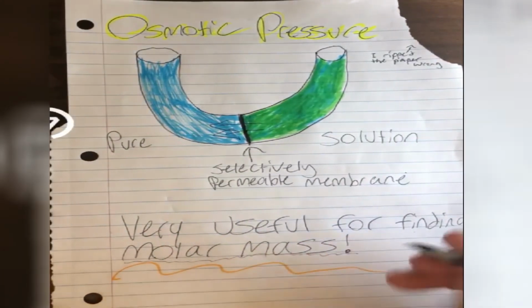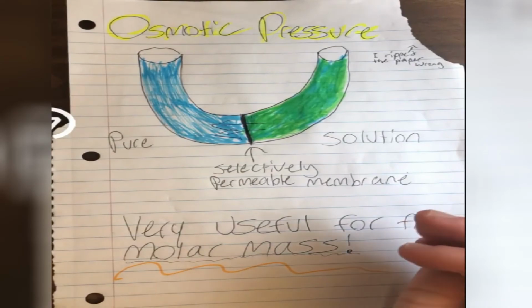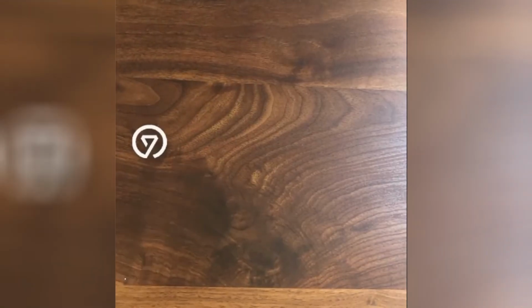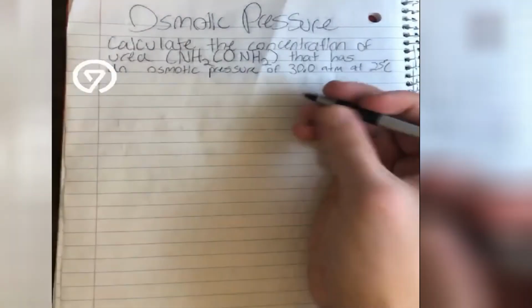So small changes in solute can make big changes in osmotic pressure. That's how molar mass is found very accurately. Technically, you can do it from the freezing point depression or the elevation, but it's just not as accurate of a measurement. So osmotic pressure.